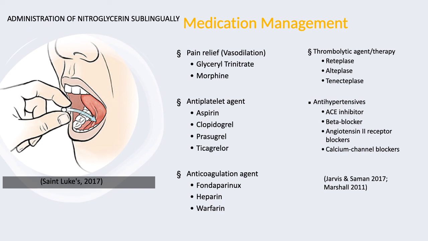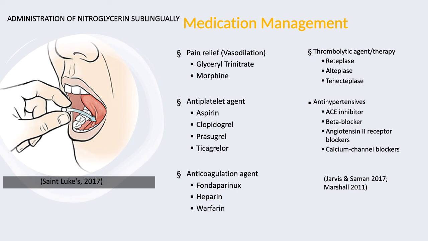Medication. Medications for acute coronary syndrome include pain relief, antiplatelet agents, anticoagulation agents, glycoproteins, and antihypertensives. Patients with chest pain are given nitroglycerin, also known as GTN, for pain relief.